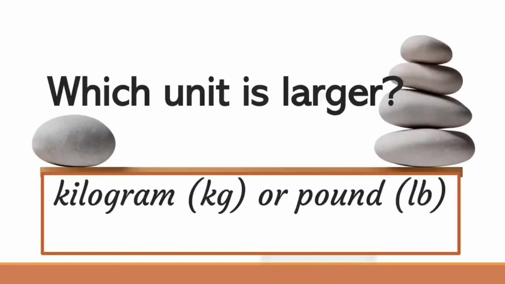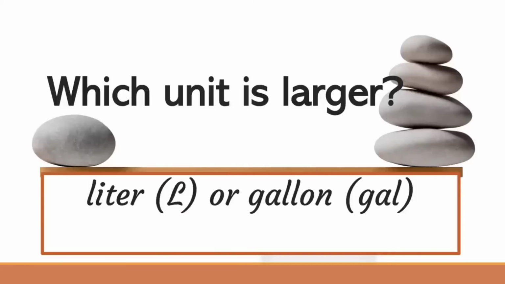Next, is it kilogram or pound? Which one is larger? So the larger unit is kilogram, since 1 kilogram is equal to 2.2 pounds. Is it liter or gallon? Which one is larger?